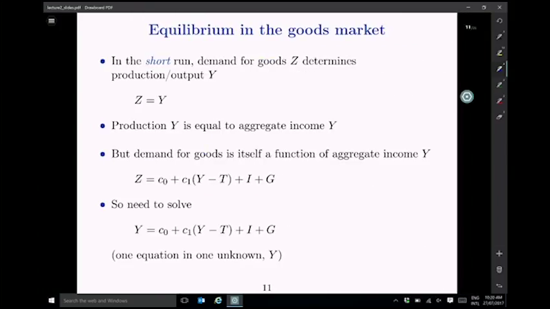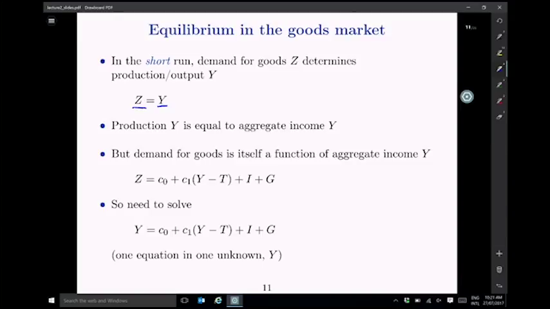We are ready to derive the equilibrium condition in the goods market. First, remember what we have assumed is that in the short run, aggregate demand is very important. Whatever determines the aggregate economic outcome, we think it is aggregate demand. That's why the equilibrium condition in the short run is that aggregate demand, Z, should determine aggregate output, Y. So we have a few equations by now.